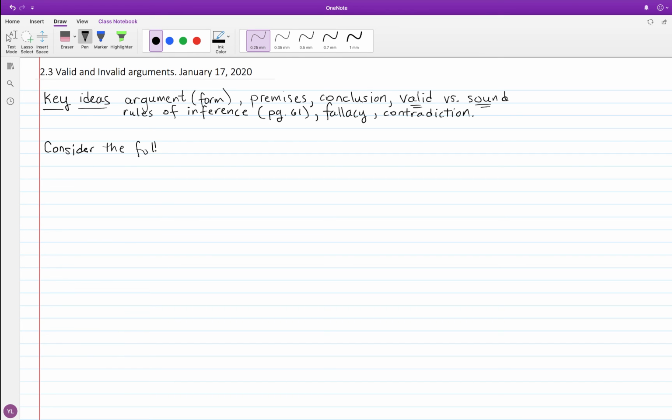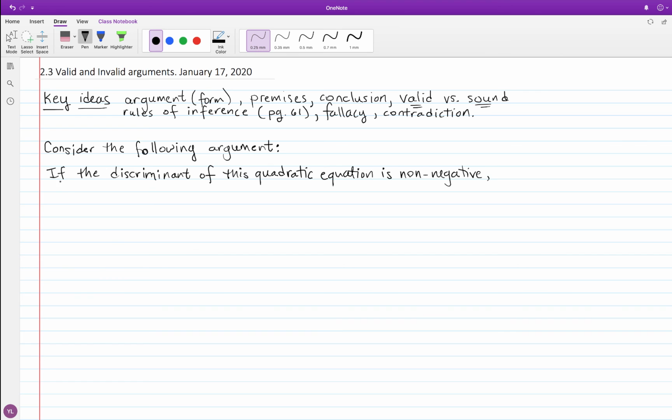So here's an argument, and let's look at the structure of the argument carefully. The first premise, sort of an assumption or hypothesis, is that if the discriminant of this quadratic equation is non-negative, by non-negative I mean just not a negative number, so either 0 or positive, then the equation has a real root.